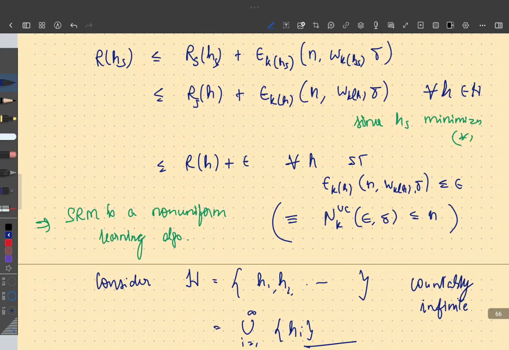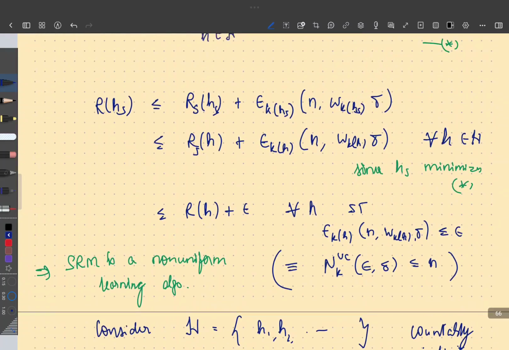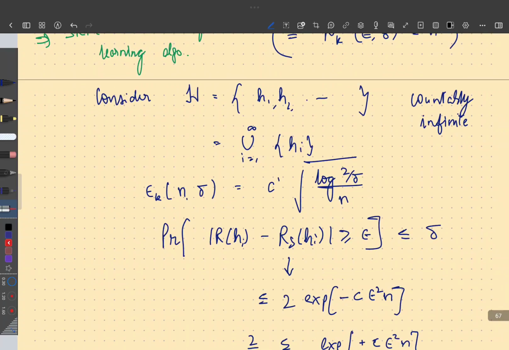And if I had to get a bound on the generalization error of the SRM, the structural risk minimization predictor, then that quantity would be epsilon k of hs of n comma w k of hs times delta.